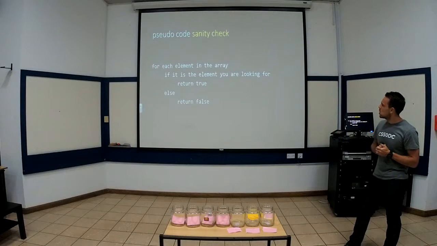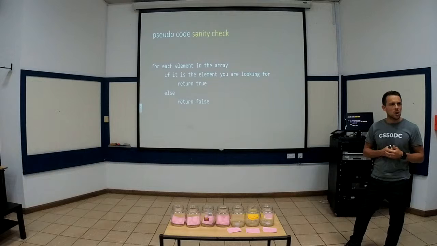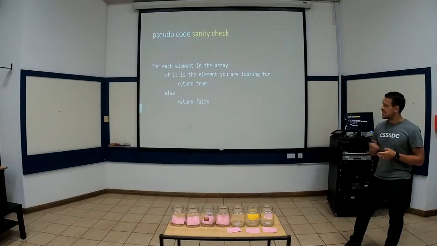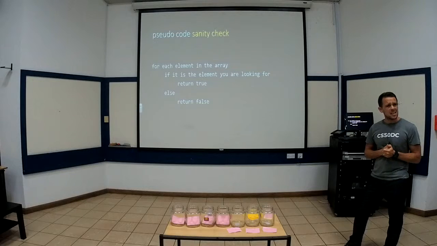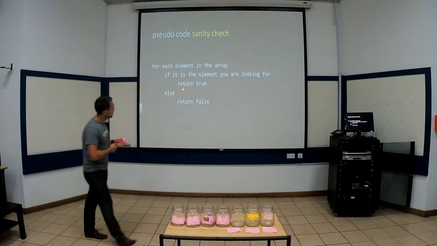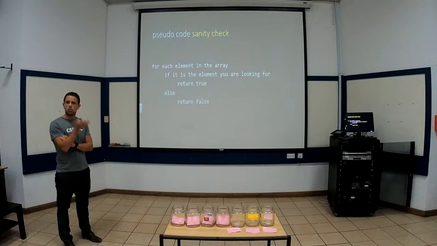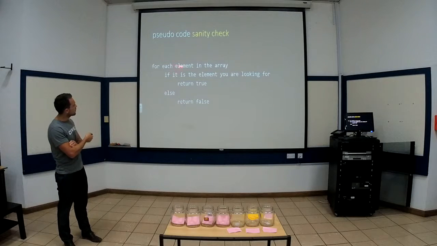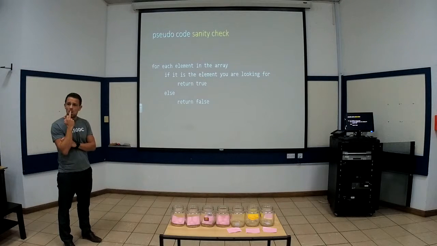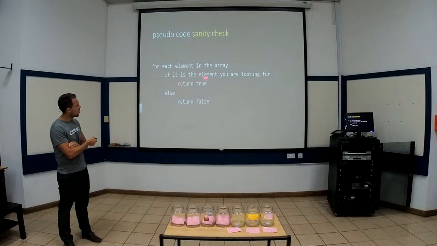What problem will I encounter if I were to code it like this, as opposed to this, which is correct and this, which is not correct? Think about what return does. What does return do? It returns true. So if I go into the first element, and if it's the element that I'm looking for, return true, what's going to happen if it's not the first element?